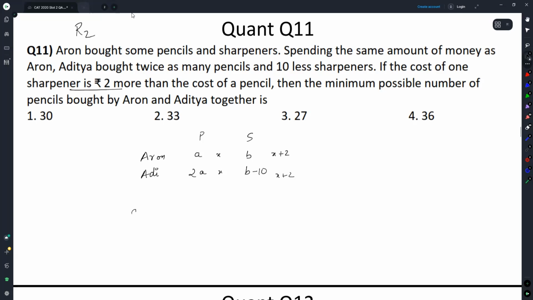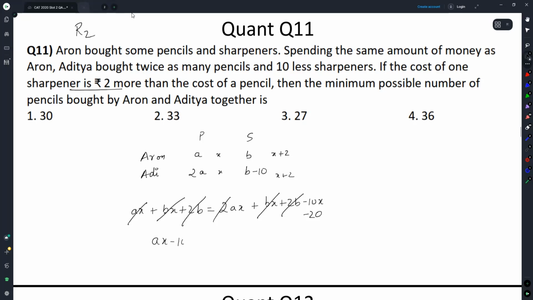Okay, so we'll get ax plus bx plus 2b is equal to 2ax plus bx plus 2b minus 10x minus 20. So ax and ax go, bx and bx go, 2b and 2b go.